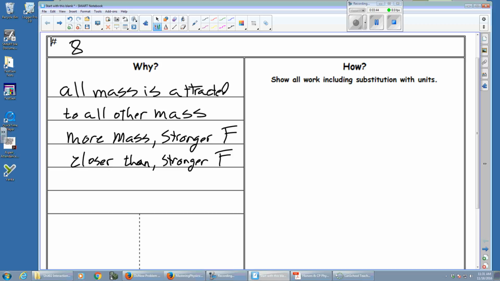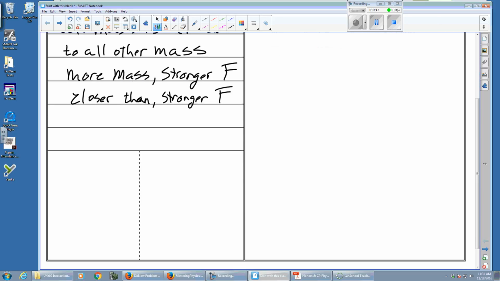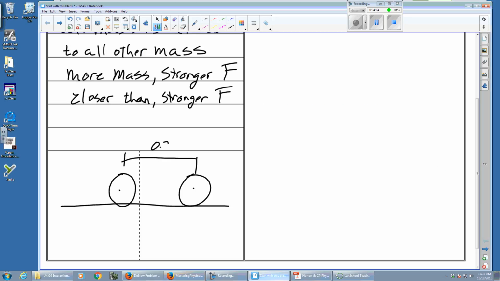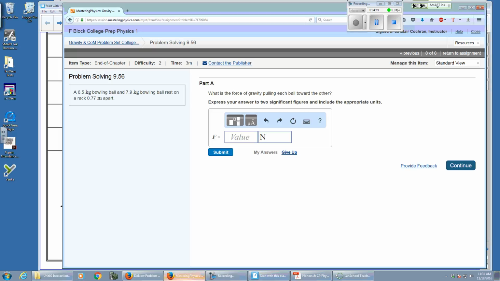You might even throw a diagram into your Y. I had the rack, a bowling ball and another bowling ball, and I marked that their centers were 0.77 meters apart. Do I want to keep that in meters? I heard yes, no, and maybe so. Yes, because meters are my base units. And then they have 6.5 kilograms.